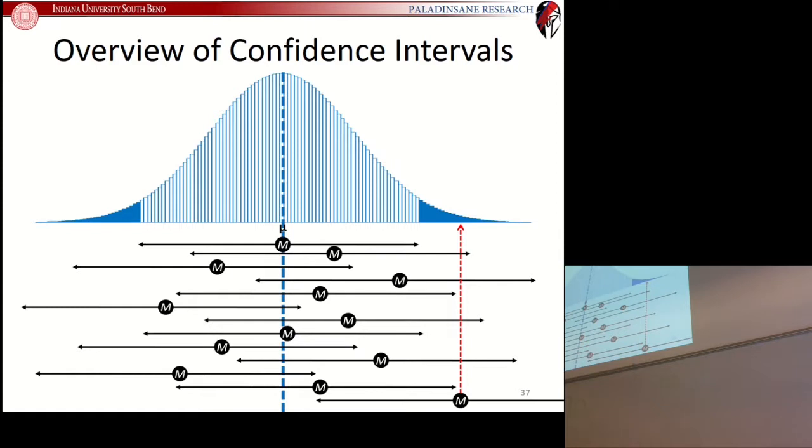So 90% of the time, our samples are going to come from the body. And it's only 5 plus 5% of the time that it's going to come from the tail. So we don't know if this has happened. Anytime we're looking at a sample, we make a confidence interval. We don't know that we've missed our population parameter. But we know that it only happens when our sample is from the tail.